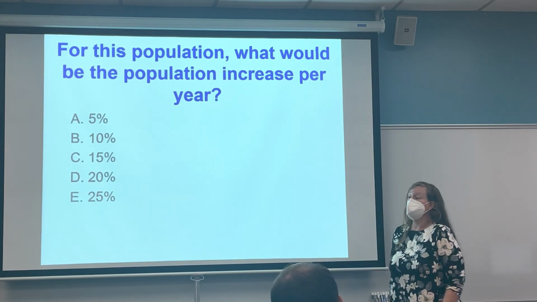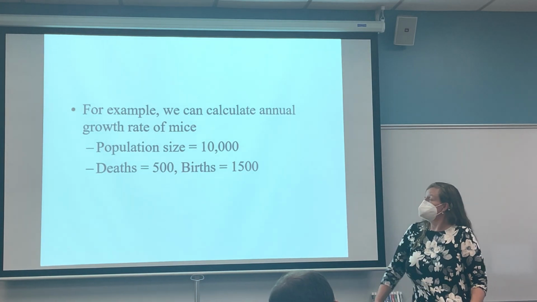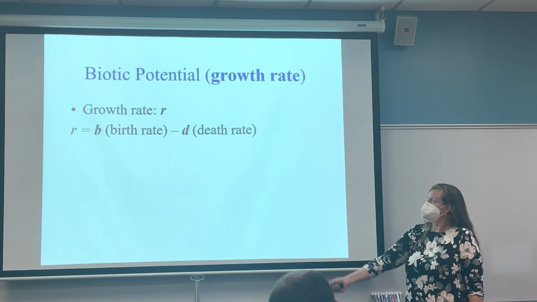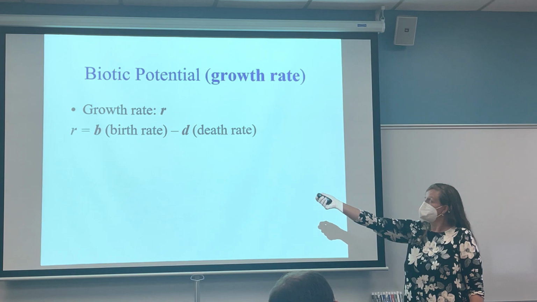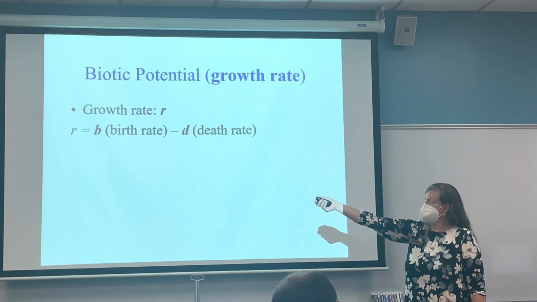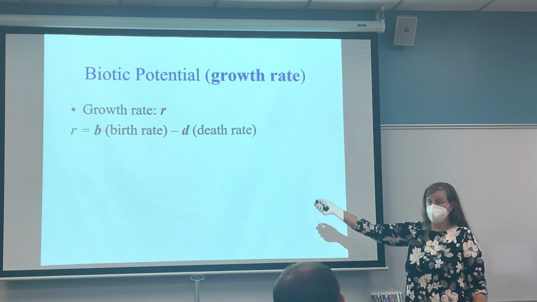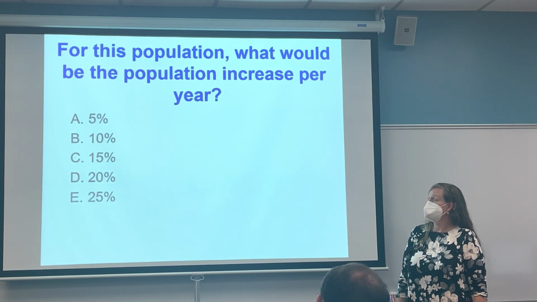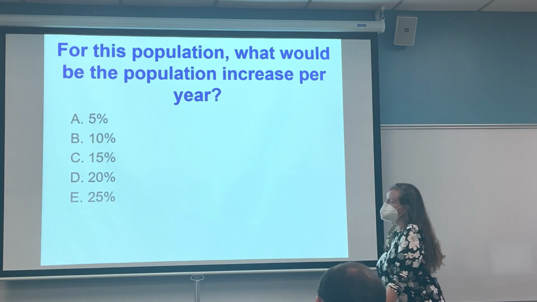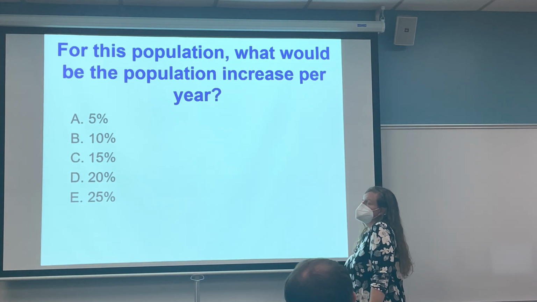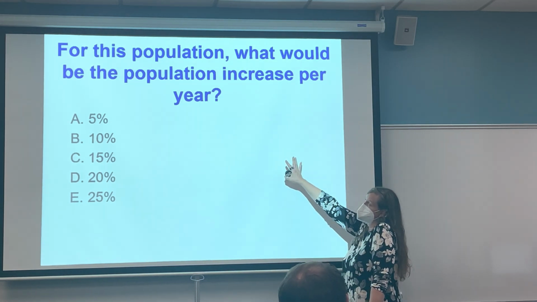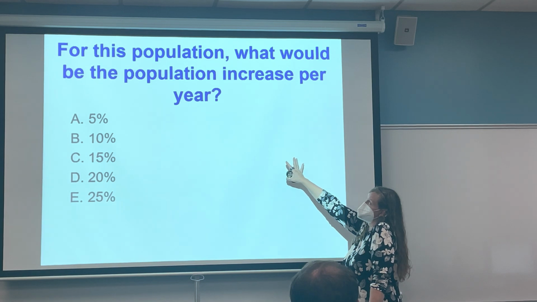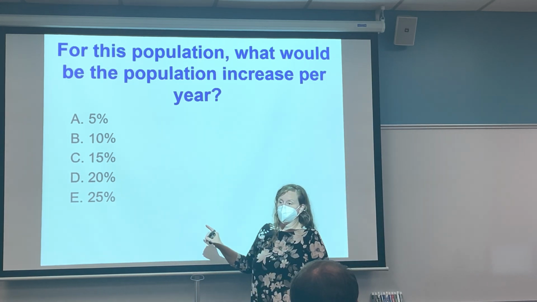Okay, so let's go back to our calculation here. Our growth rate r is the birth rate minus the death rate. Okay, so you guys, give it a second. What is our population increase in the first year?